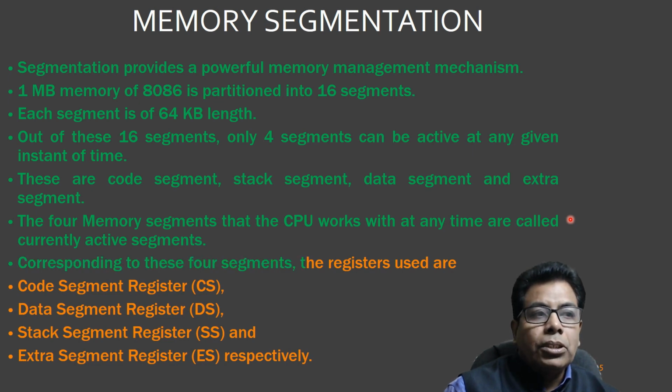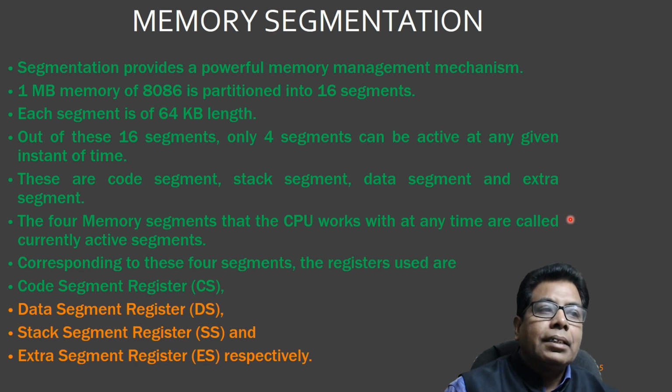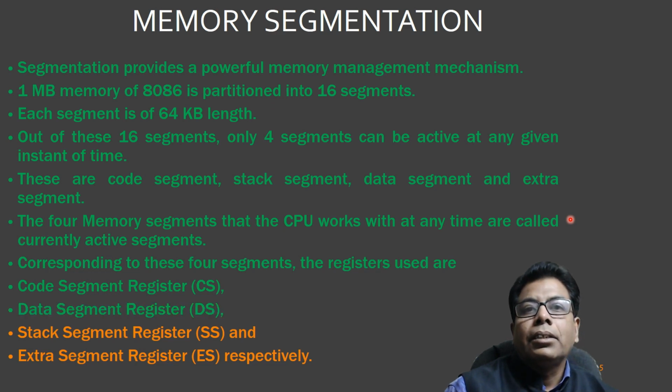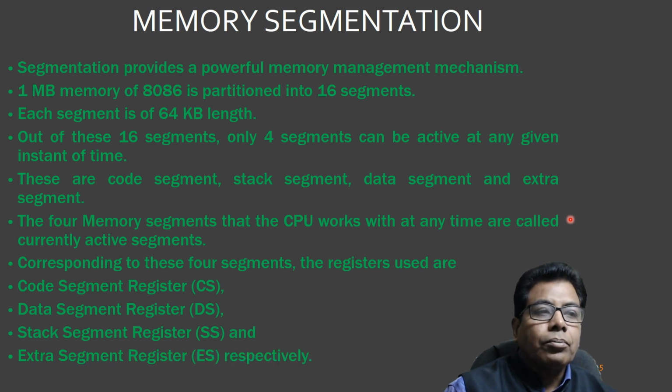And corresponding to these 4 segments, there are 4 registers. First is the code segment register, then data segment register, then stack segment register, then extra segment register. So because of these 4 segment registers, there can be only 4 segments active at any given time.